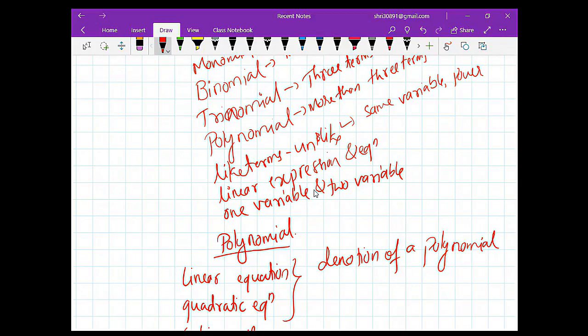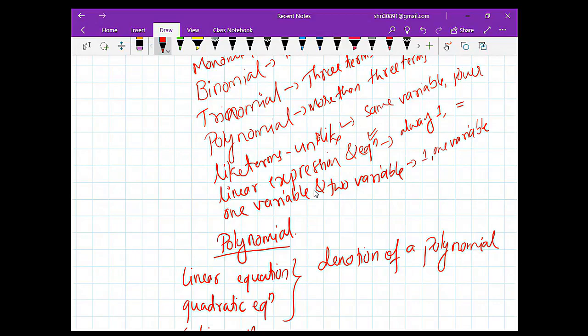Then linear expression and equation. Linear means the power of the variable is always 1. And equation means two expressions are separated by an equal sign. One variable and two variable linear equations I have told. If the power is 1 and there is only one variable, then it is a one variable linear equation.